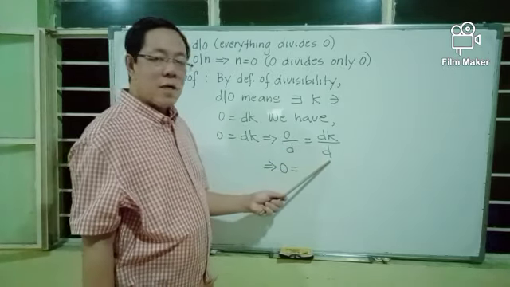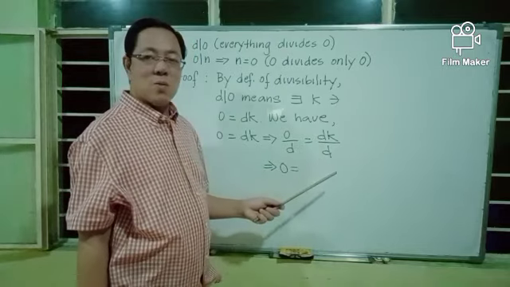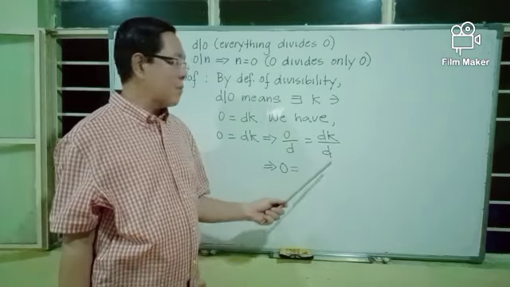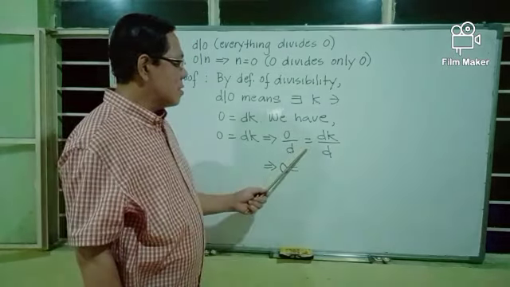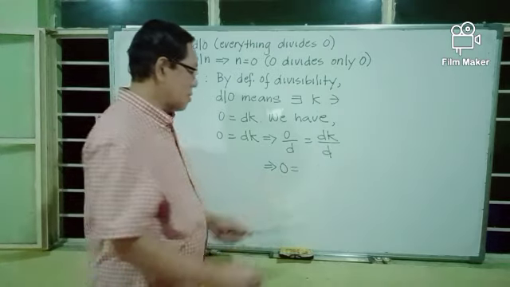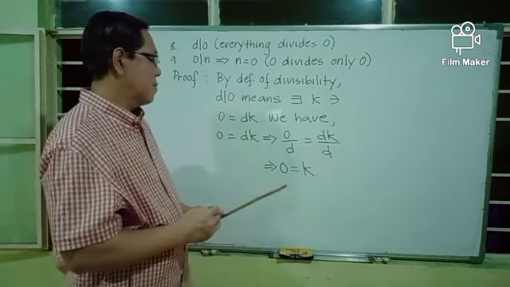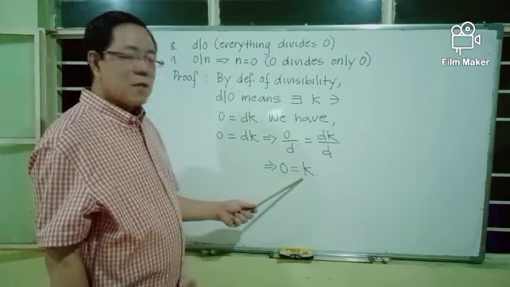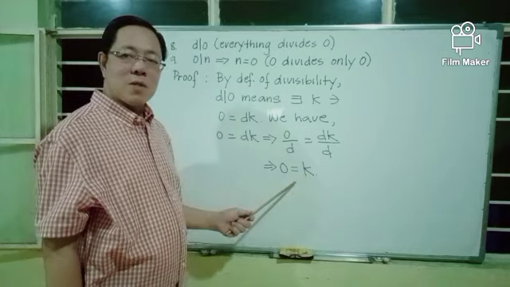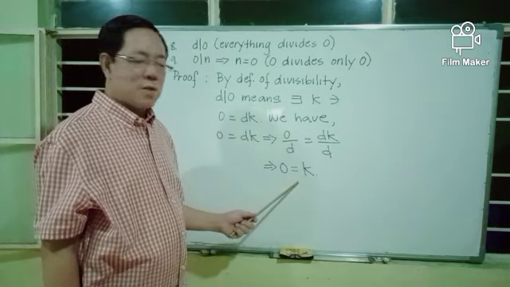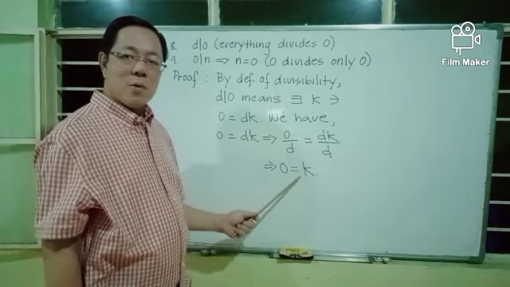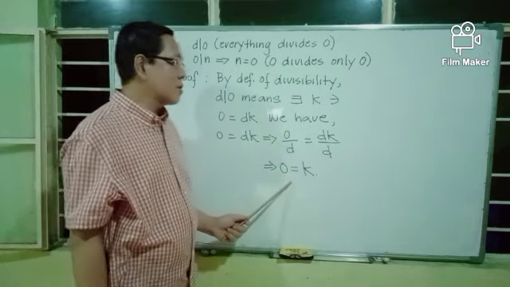The right hand side, d over d is 1, or d will cancel out from the right hand side, and the right hand side simplifies to k. Thus, the integer k is equal to 0, and 0 is an integer.